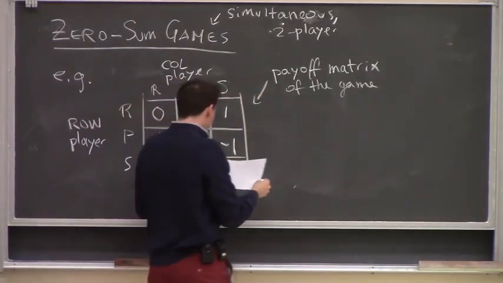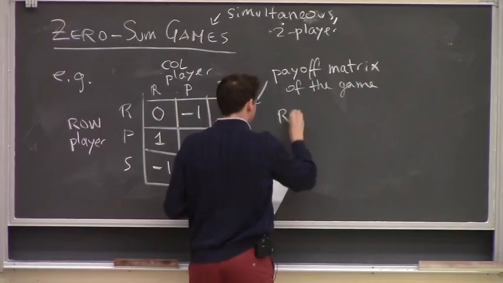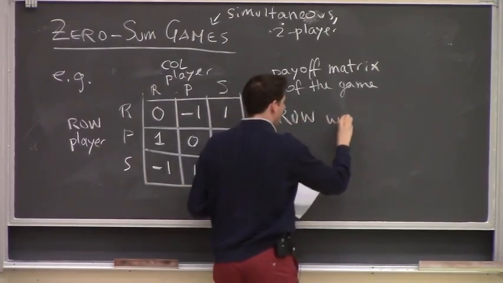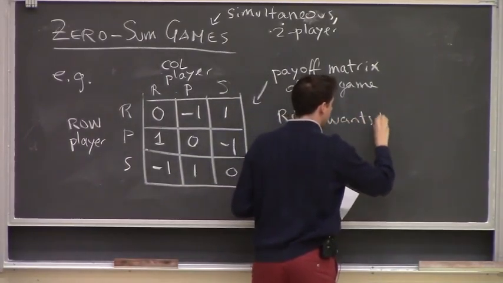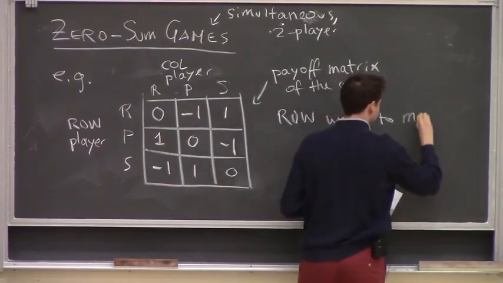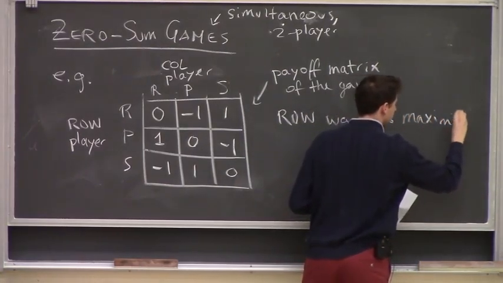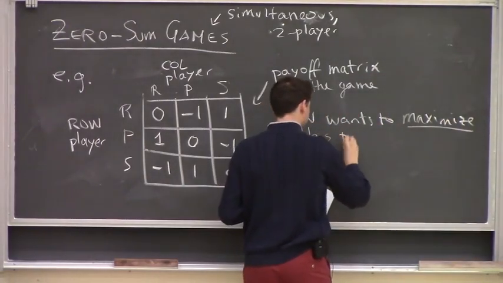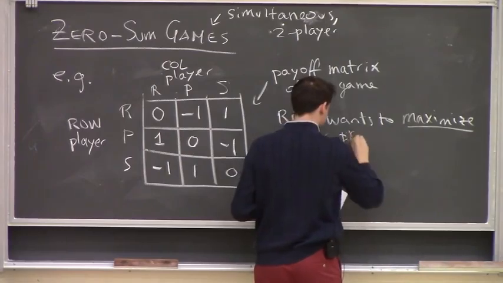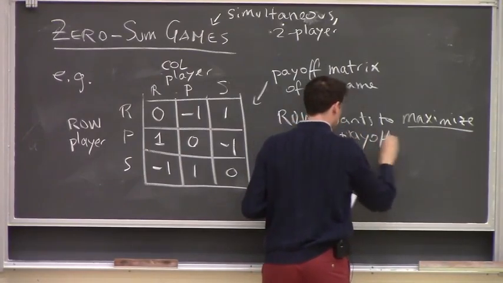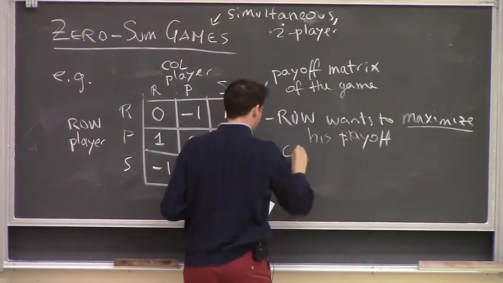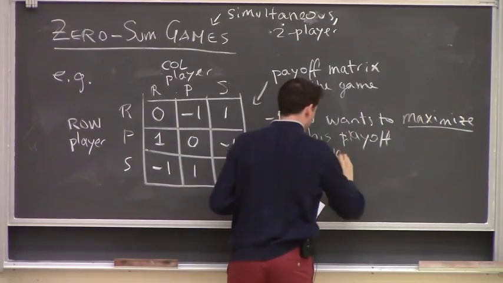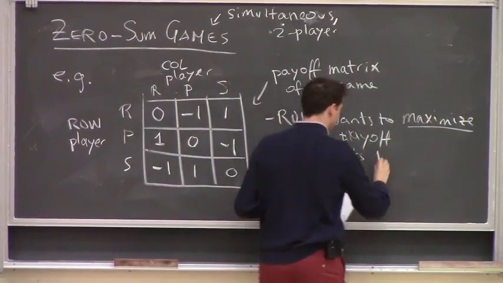And so the row player wants to maximize his payoff. And the column player wants to what?